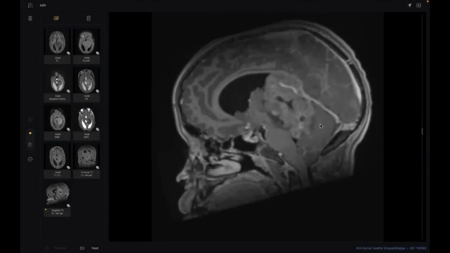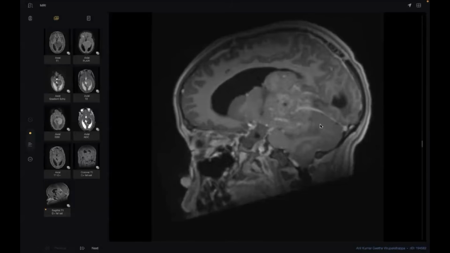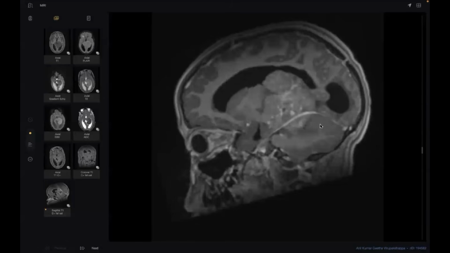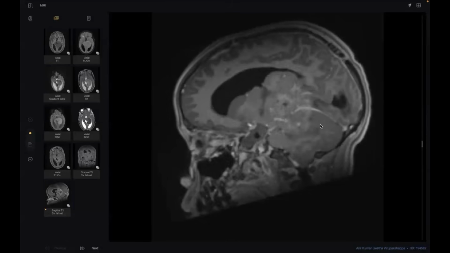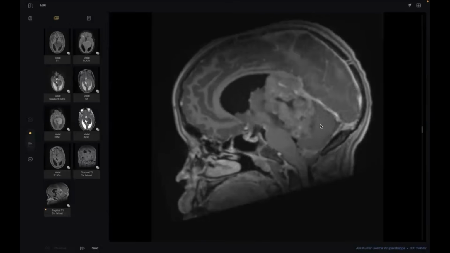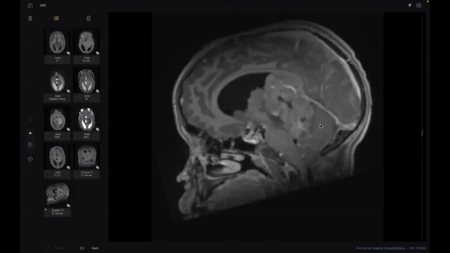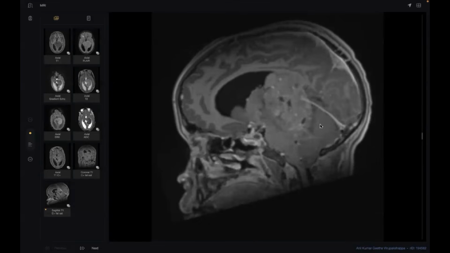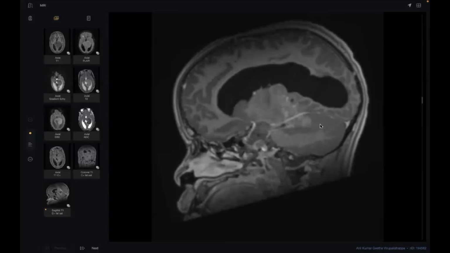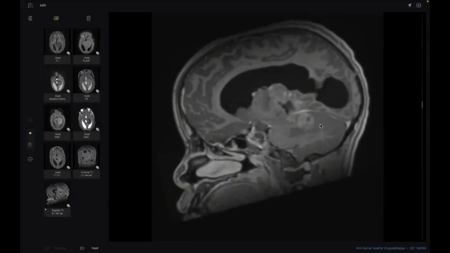I think the hydrocephalus is due to obstruction at the level of maybe the aqueduct, as the fourth ventricle is not dilated, but there is proximal upstream dilatation of the ventricle system. There's a large heterogeneously enhancing mass with a central non-enhancing component.